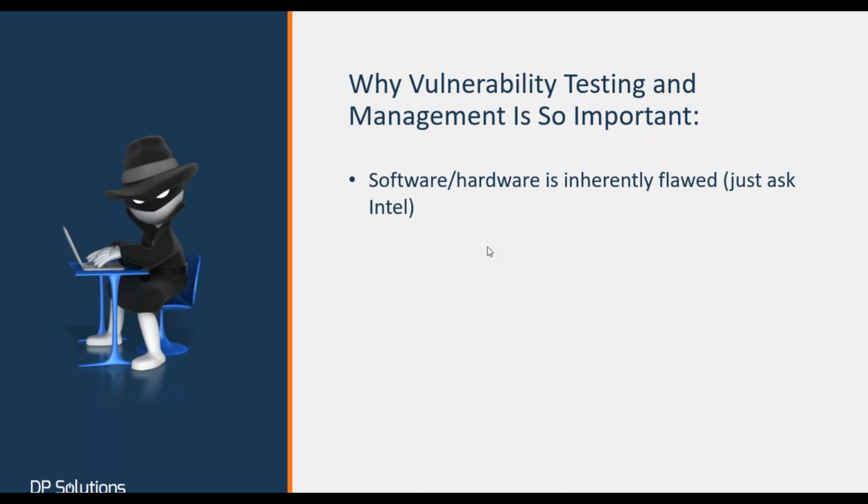So software and hardware is inherently flawed, and you can just ask Intel about this. This isn't like a car, and even cars, of course, have defects when they come off the lot.